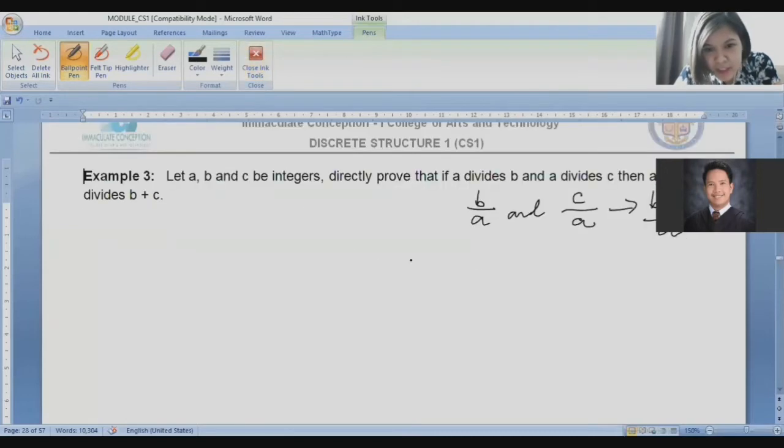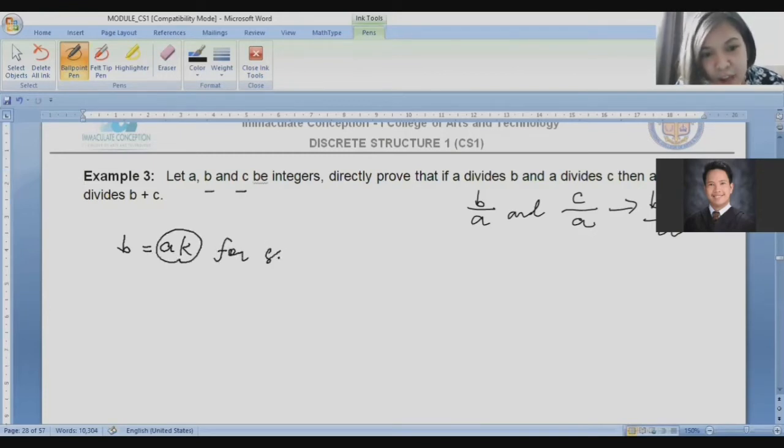So now, what you will do here is this: our b is an integer. Doesn't it say here that b and c are integers? You may say now that b is equal to ak, wherein, for some k, k is an integer.